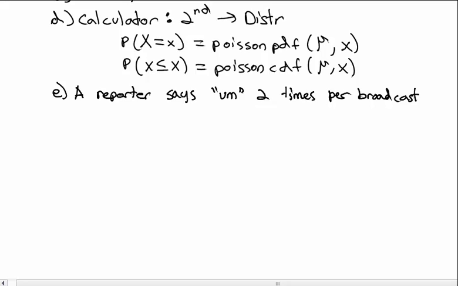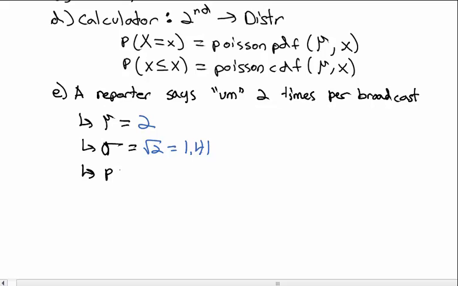So we're going to look at how many times he says it over the course of time in the broadcast. First, what is mu? Mu is the average number per broadcast. Mu is 2. What is the standard deviation? The standard deviation is the square root of mu, the square root of 2, or about 1.41.